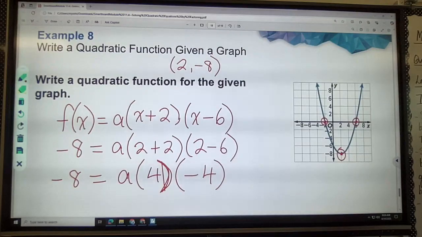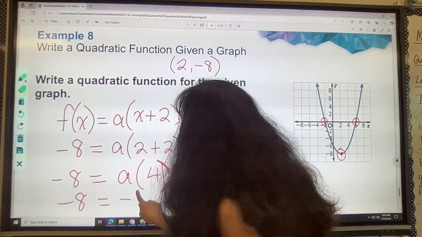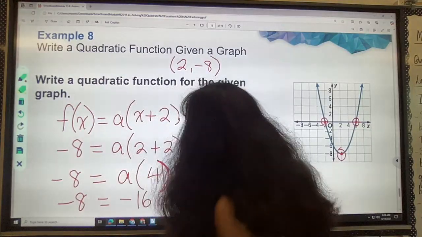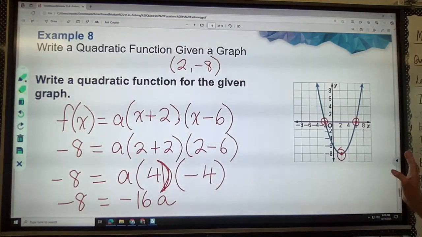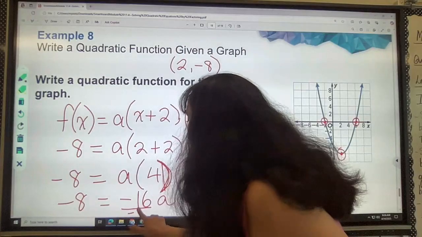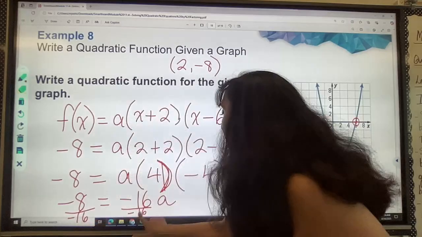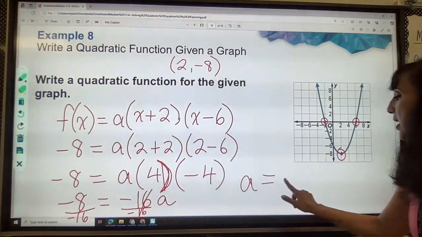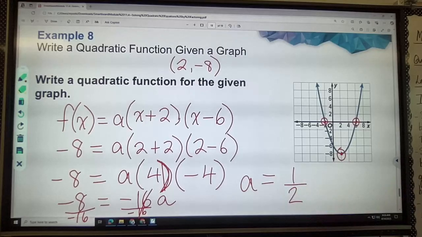Right? And so that gives me negative 8 is equal to negative 16a. And then I am just going to divide both sides by negative 16, and I get a is equal to 1/2. Okay? So I've got my value of a.